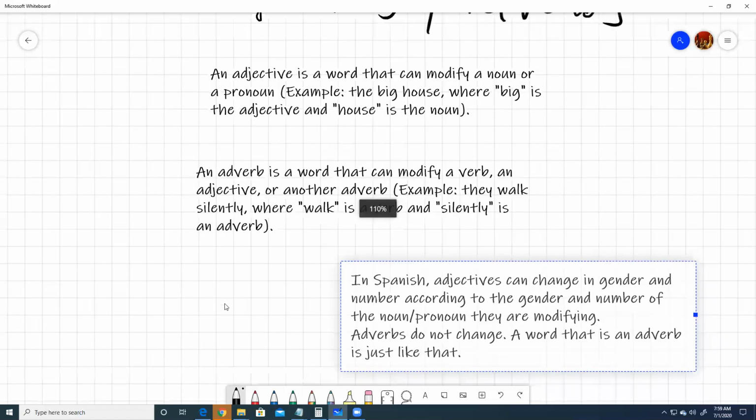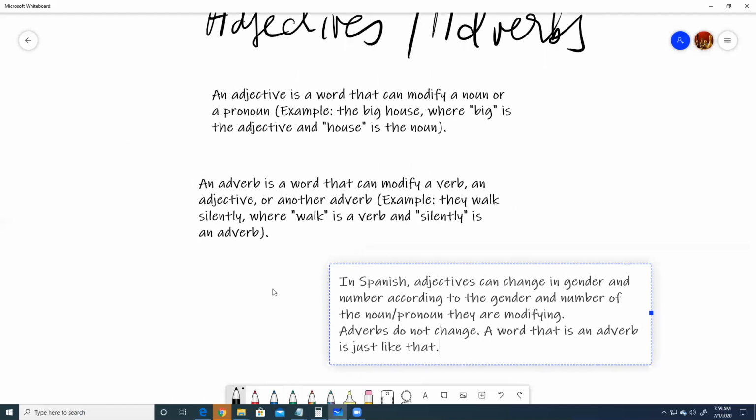Okay, let's get this smaller. So in Spanish, adjectives can change in gender and number according to the gender and number of the noun or pronoun they are modifying. Adverbs don't change. A word that is an adverb is just like that.